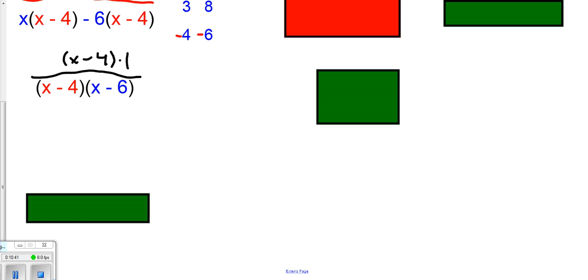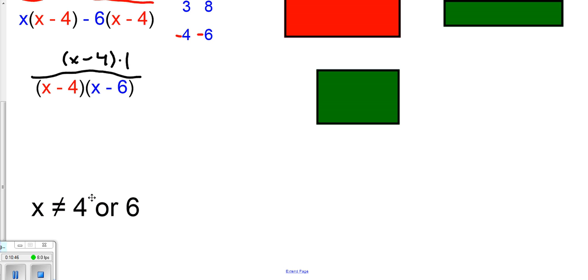Using this as our factored expression, now we can say our excluded values: we know for sure that x cannot be 4 and x cannot be 6. So those are our excluded values. But to simplify the expression fully, we have an x minus 4 and an x minus 4. We can cross those out and say our simplified expression is 1 over x minus 6.